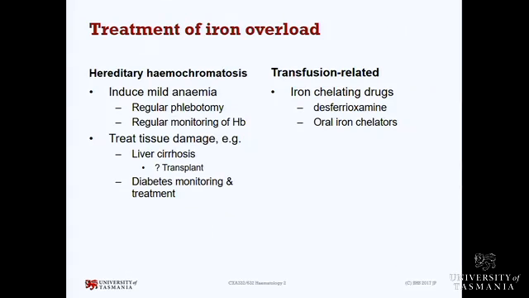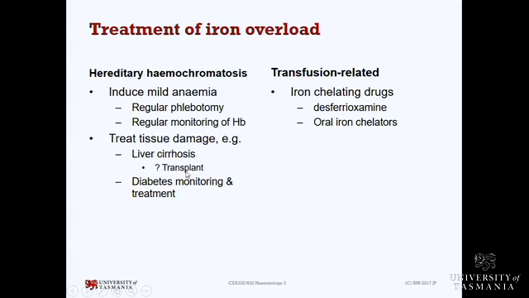What happens as soon as we start becoming iron deficient? What's stage 1 of iron deficiency? Can you remember? So we use our iron stores, don't we? Okay, so if you induce a mild anemia, then you're going to unlock all of that iron that's been stored away. Okay, so that's usually what happens.